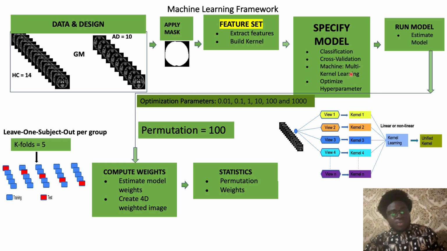We put in a cross validation of 5, and then we used a multi-kernel learning machine, and then we optimized the hyperparameter. Then we estimated the model, where we were able to generate 4D weighted images. And then we applied permutation so that we could know which of the regions showed statistical significance.